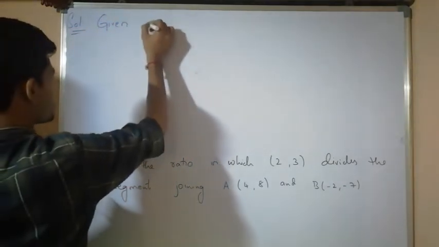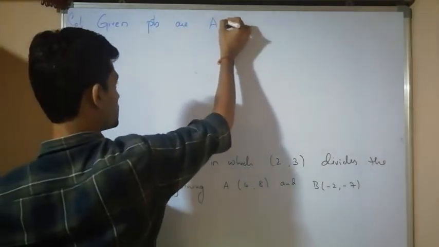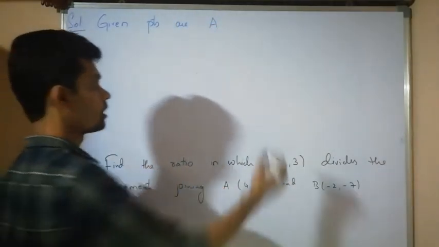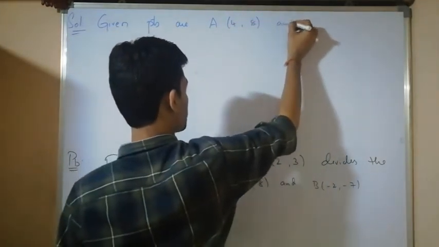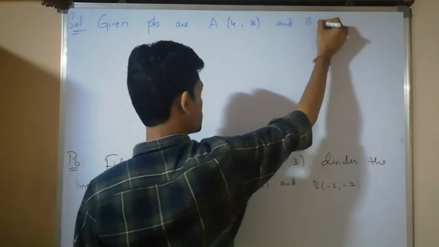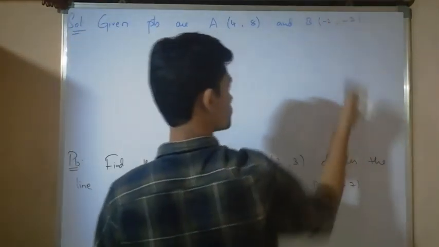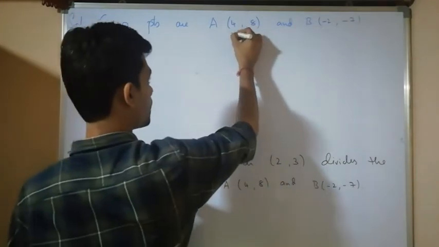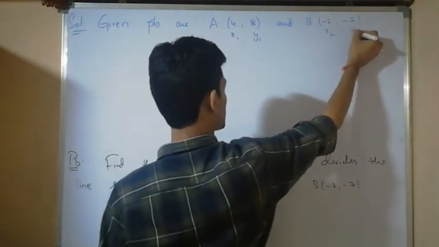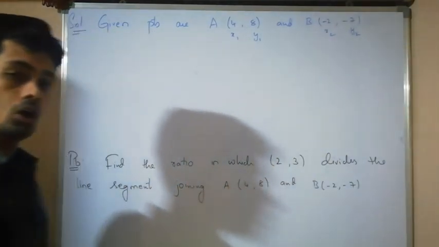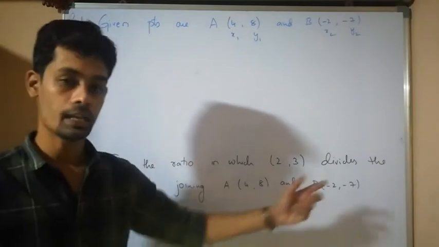Given points are A, what is A? (4, 8) and B(-2, -7), which are nothing but x1, y1, x2, y2. Also given that this point is going to divide this line segment.